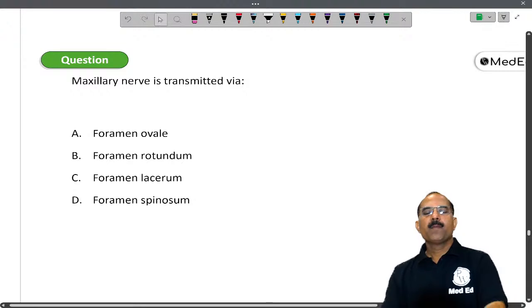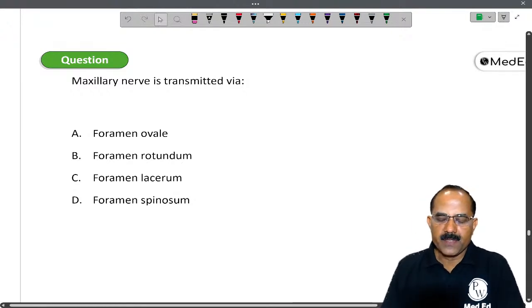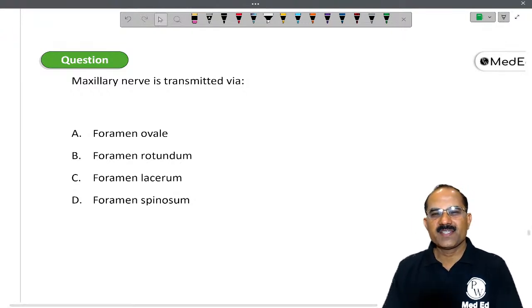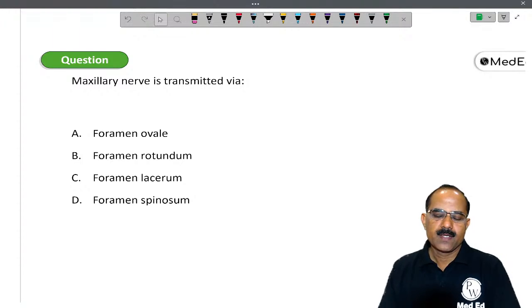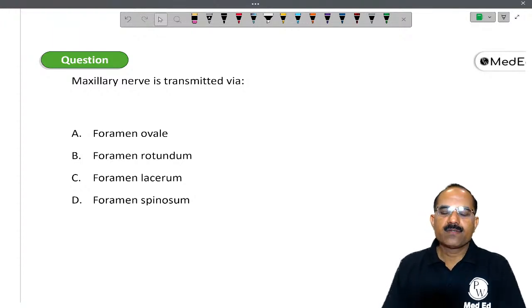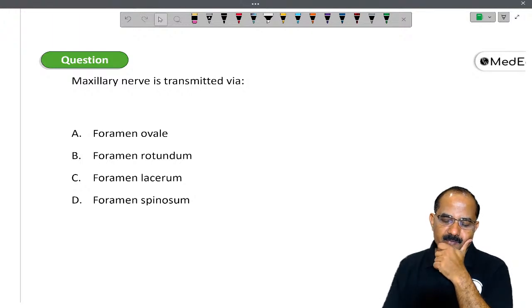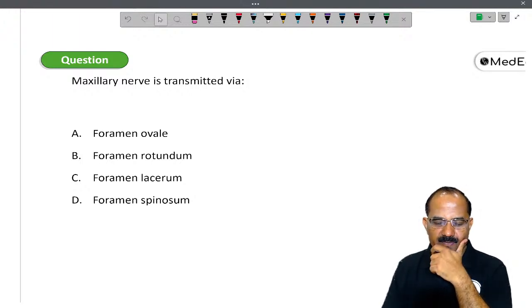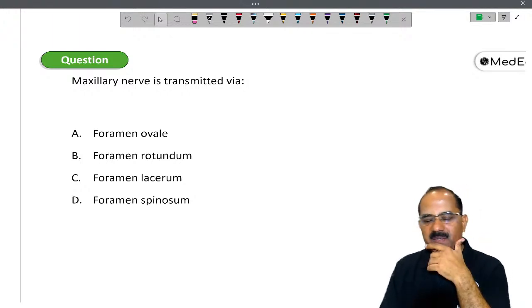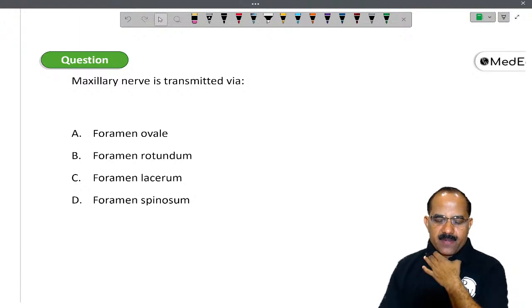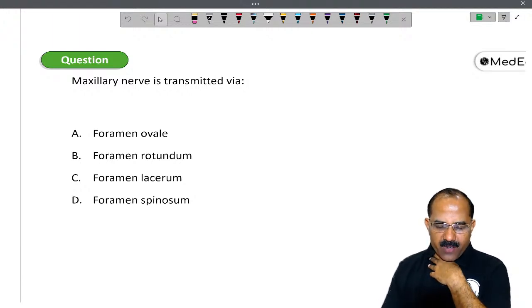Answer this. Maxillary nerve is transmitted via? Any guesses? Maxillary nerve is passing through which foramen?